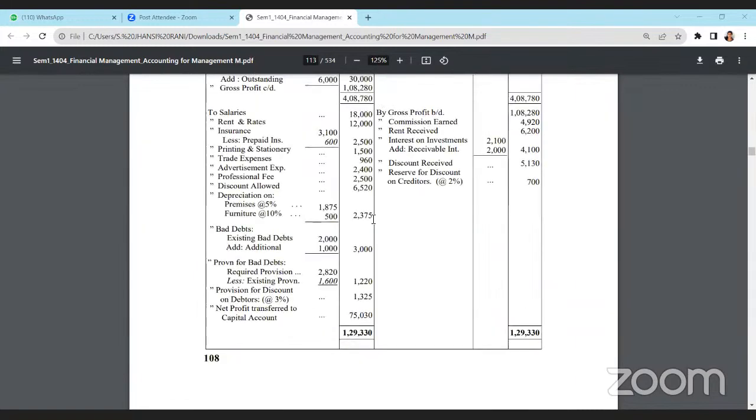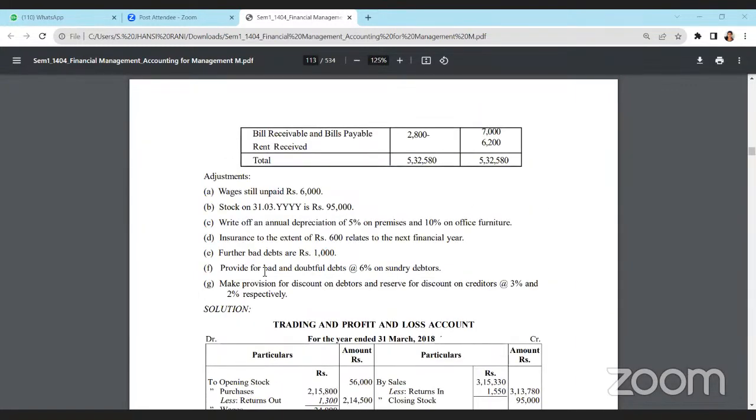Now next, provision discount on debtors is given. So now what to do? 48,000 was debtors. On this, bad debts was 1,000. I'll deduct it, so I'll get 47,000. And on this 47,000, I am calculating provision for bad debts, that is 6%, so I am getting 2,820.